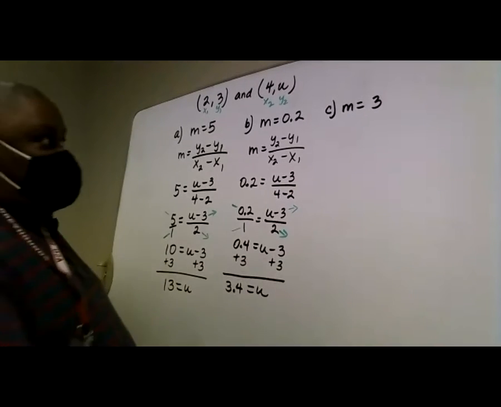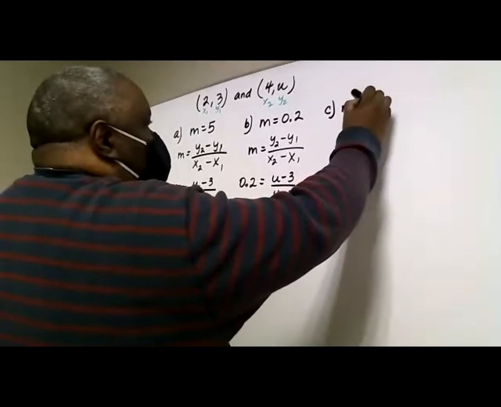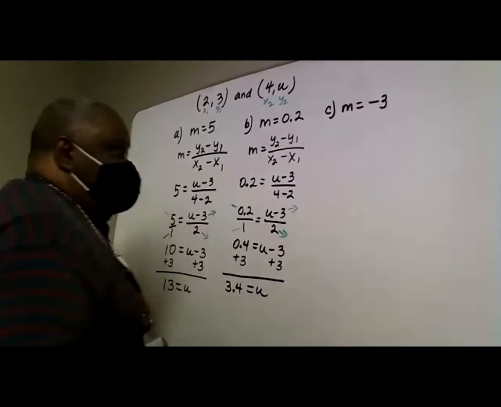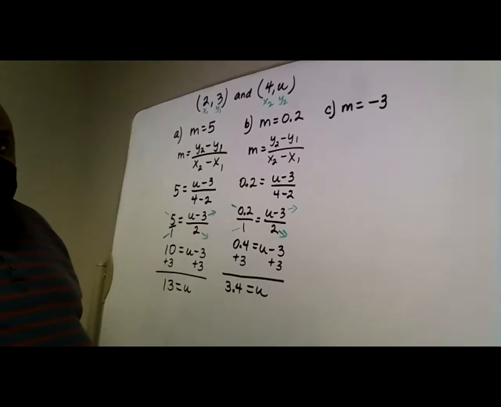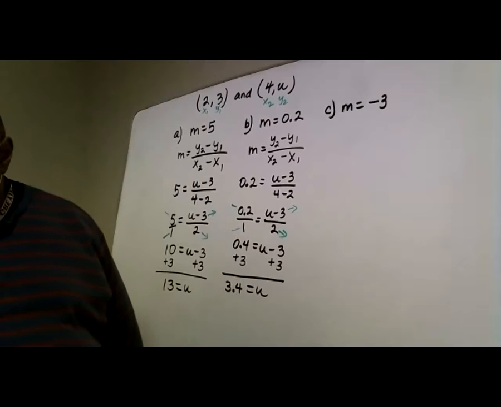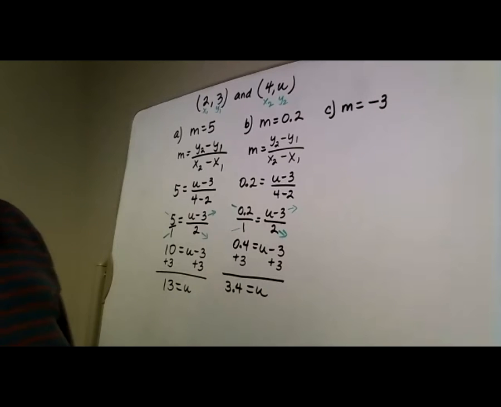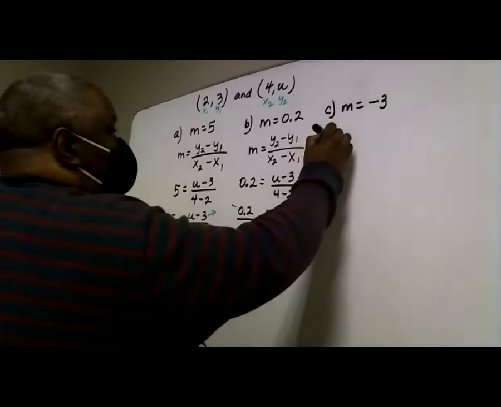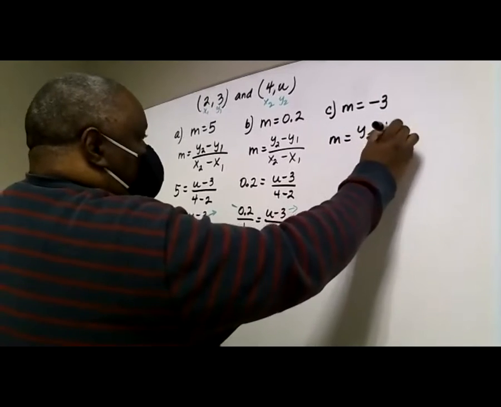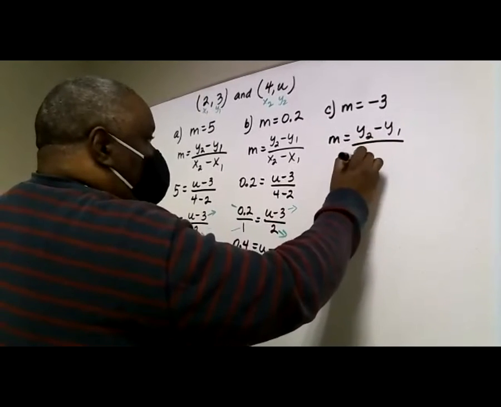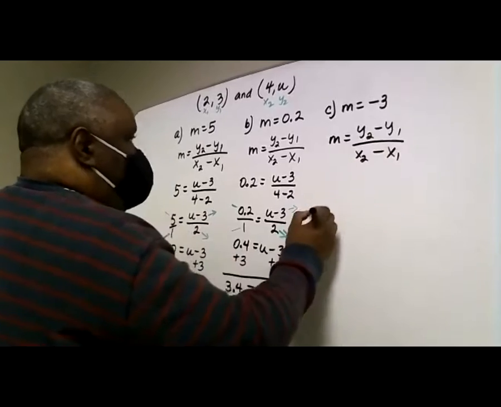Oh, this says negative 3. Now, let's say the slope is negative 3, and I want to find out what the value of u was that would give me a slope of negative 3. Okay. So I'm still using the slope formula, m is equal to y2 minus y1 divided by x2 minus x1.